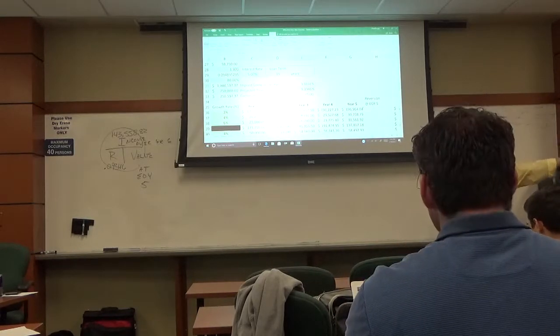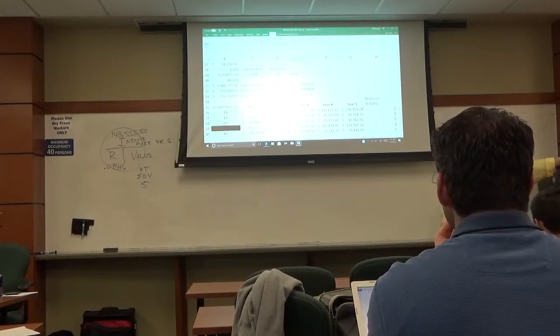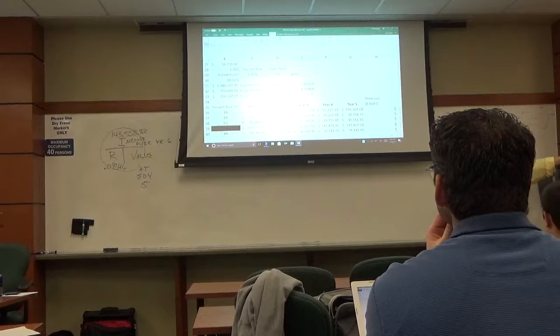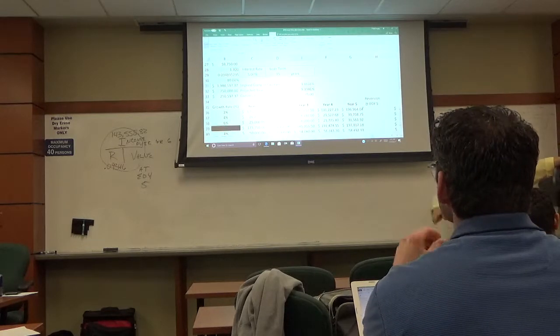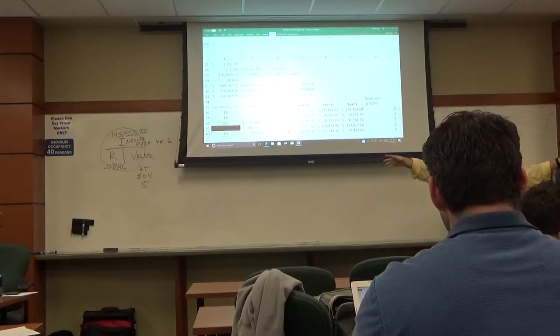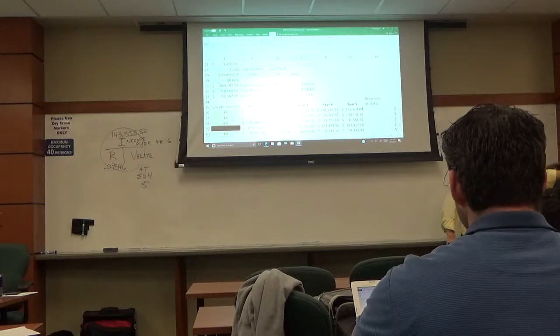You'll also hear about the terminal cap rate, or reversion cap rate. So the beginning of the project is the going-in or beginning cap rate. The end of the project is the terminal cap rate or reversion cap rate.